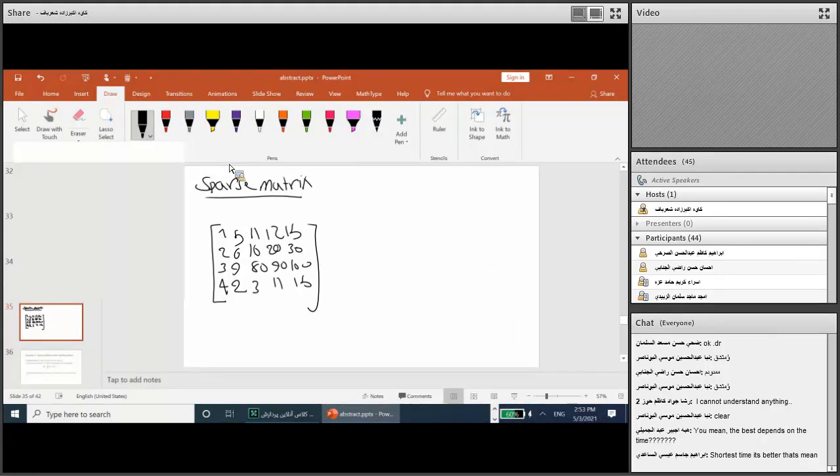This is a matrix without any zero element. We call this matrix dense. This is a dense matrix.